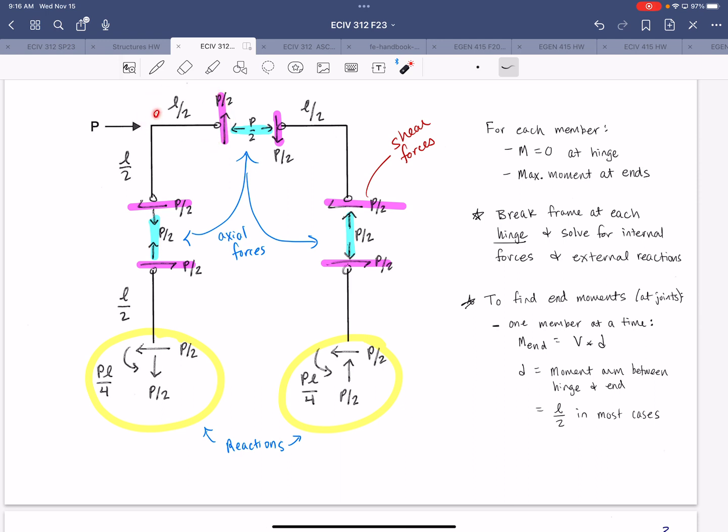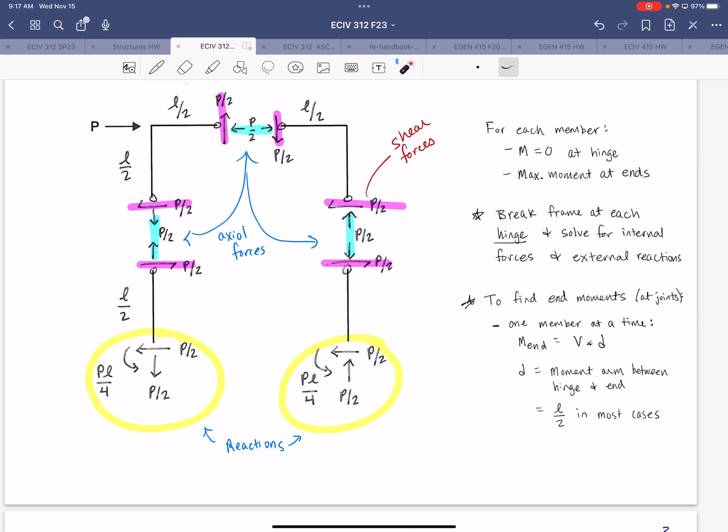So we would basically cut the beam right here, and then we already have it broken at the hinge, right? So you would break that piece out. You know your shear force is P/2 here, and you know you're going to have an end moment, right? It'll be in the other direction to counter the effect of that shear force. So all you do is you sum moments about the hinge to solve for that end member, right?